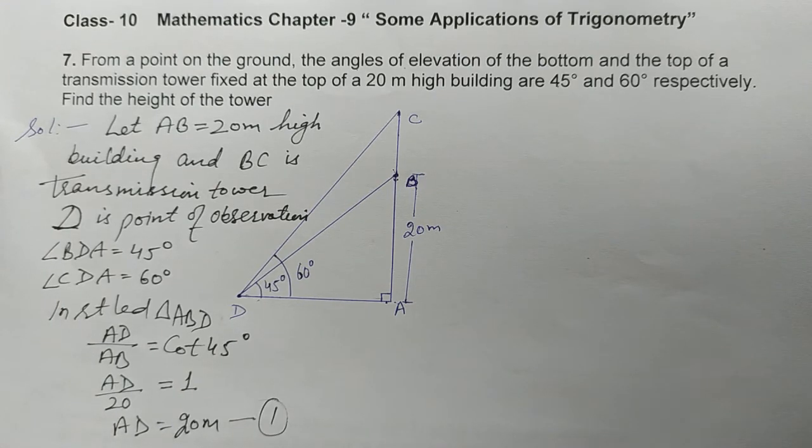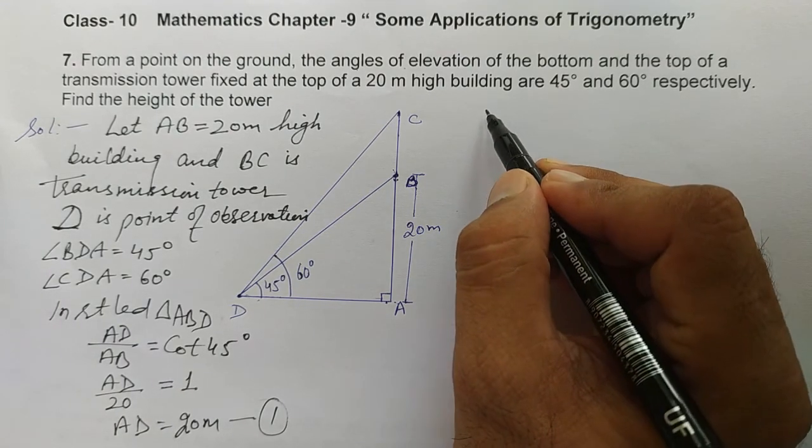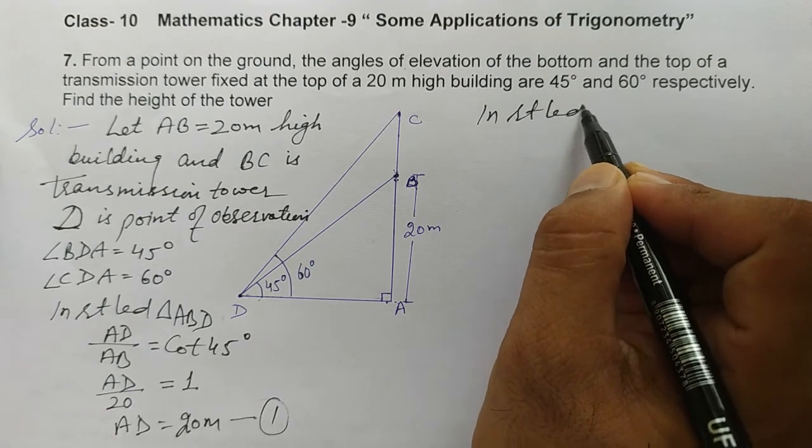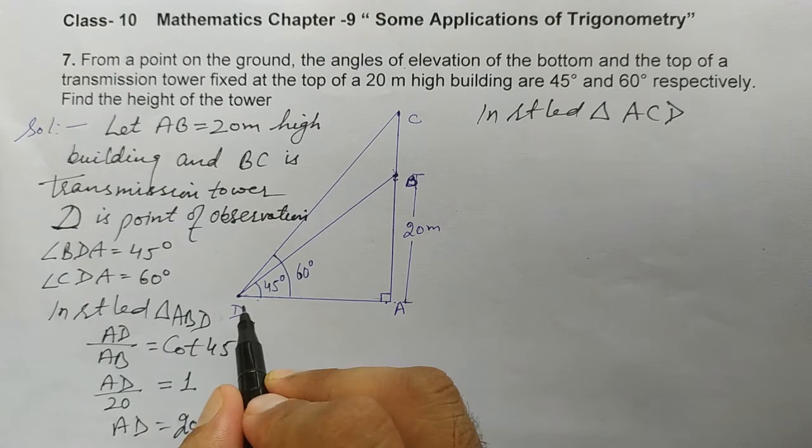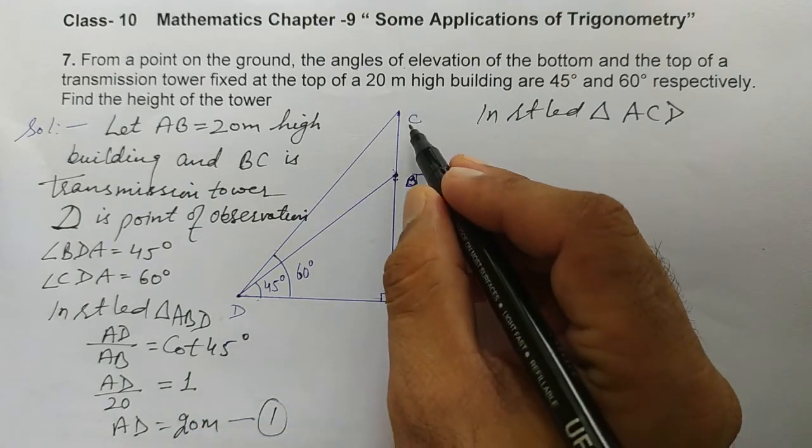So equation number 1. Now in the second right angle triangle, we'll write in right angled triangle ACD. In ACD, we need to find AC, I mean BC we have to find out.